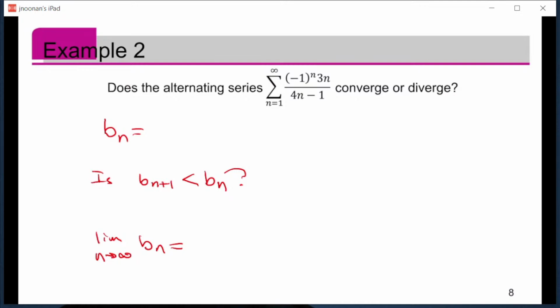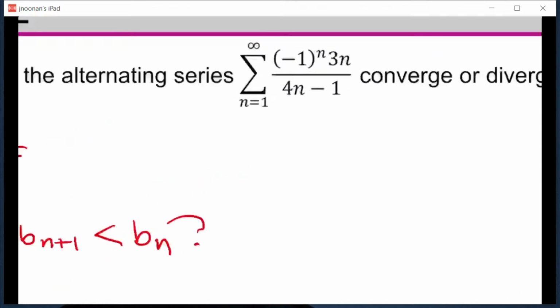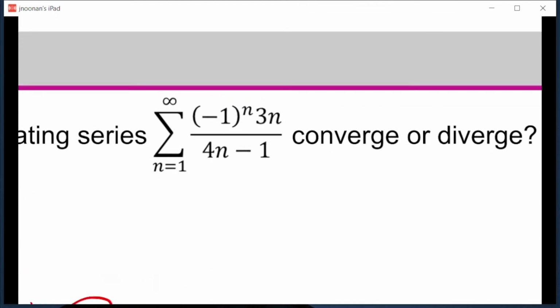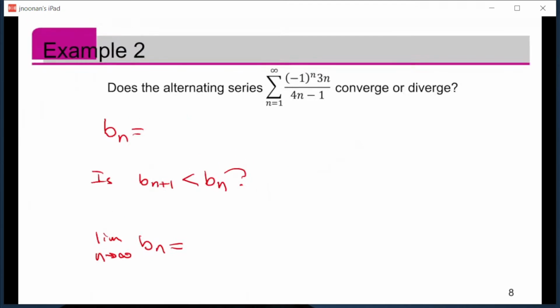And I'm going to interrupt you in just a sec because I want to make sure that we're all on the same page with b sub n. All right, Owen, what is your b sub n? As a hint, just read everything that's up here except for the negative 1 to the n.